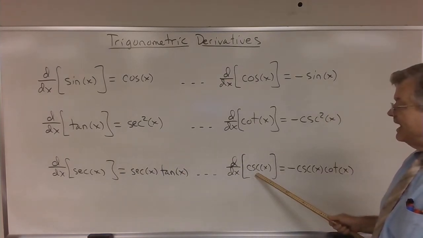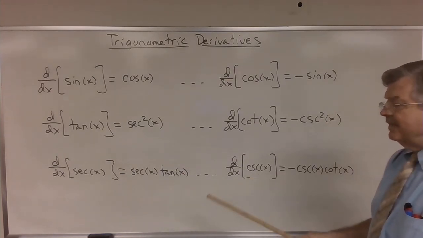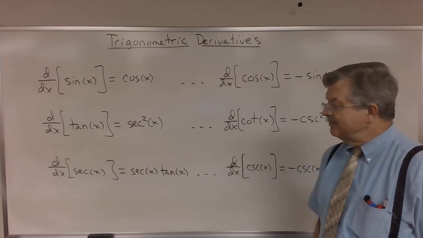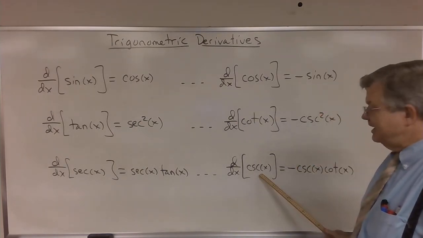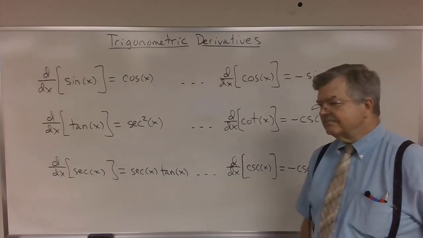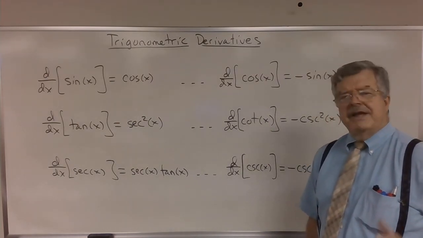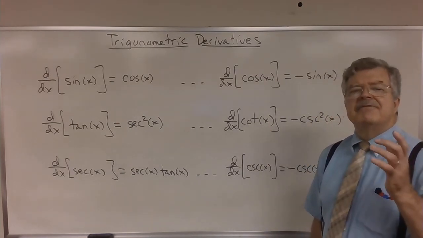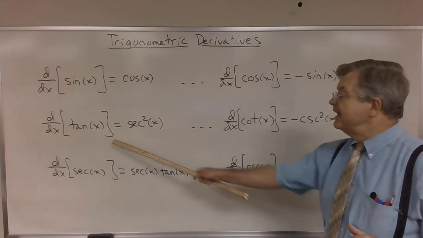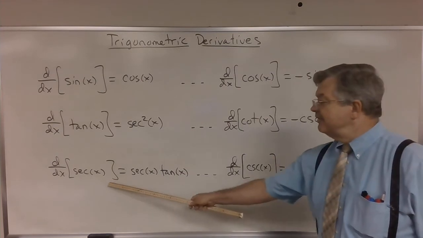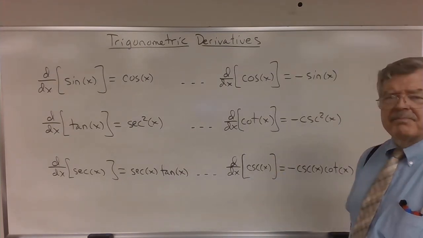And cosecant x is the co-function of secant x, and secant x is the co-function of cosecant x. So they come in pairs. They come in co-function pairs, sine and cosine, tangent and cotangent, secant and cosecant.